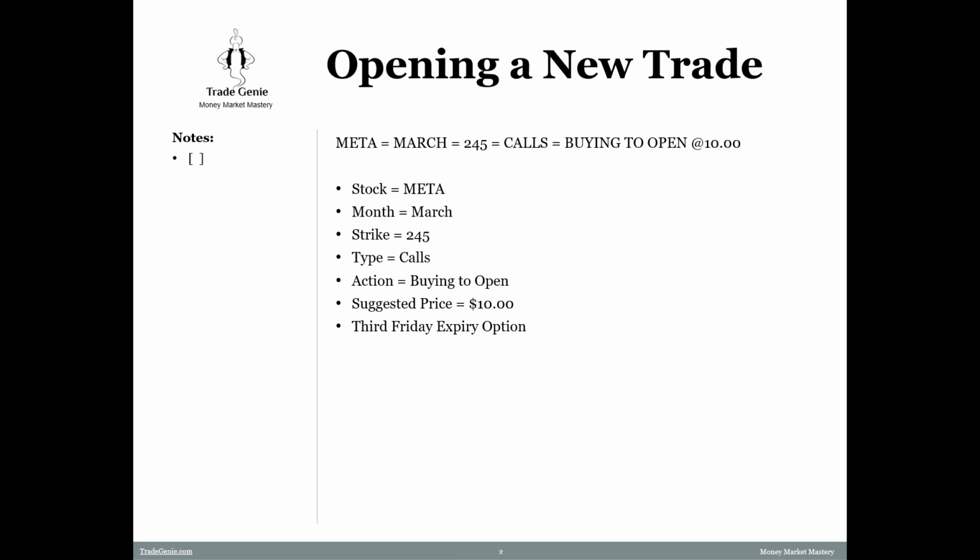All this goes on. For us, I'm doing it, and at the same time, I'm finding new candidates and sending you the trades. Let's say I found a trade called Meta and decided that Meta is going up and we can buy March 245 calls, just for example, at $10. I don't send you the story behind the trade. Nobody cares about the story.